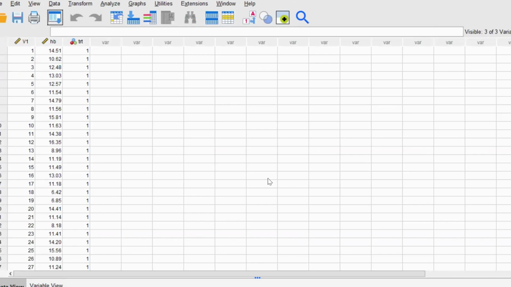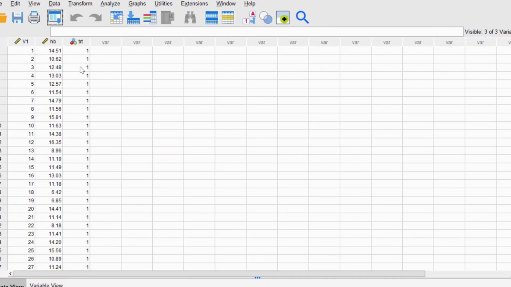So I imported the data set into SPSS, and if I remember the question correctly, it had to do with hemoglobin and two groups, those that received the iron supplementation and those that did not.